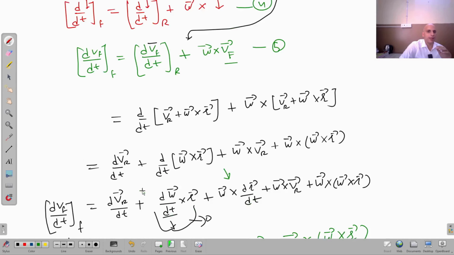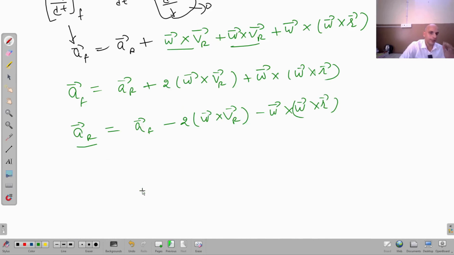If m is the mass of the particle that we are talking about, that is moving in space, then let us multiply this equation with m on both sides. Here it is m, here it is m, right? So what will I get? This is the force acting on the body in a rotating frame.